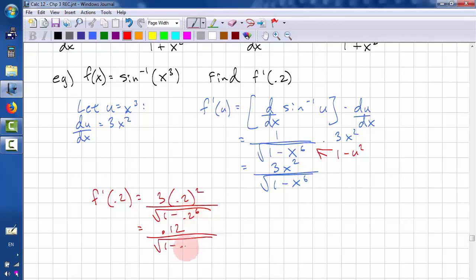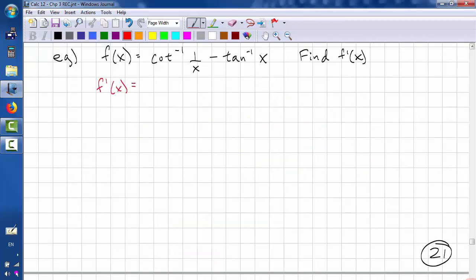We need 6 decimal places, 1, 2, 3, 4, and then 64. So that's our exact value. We can get an approximate value of 0.12. This is very small, it's very close to 1. Next example.